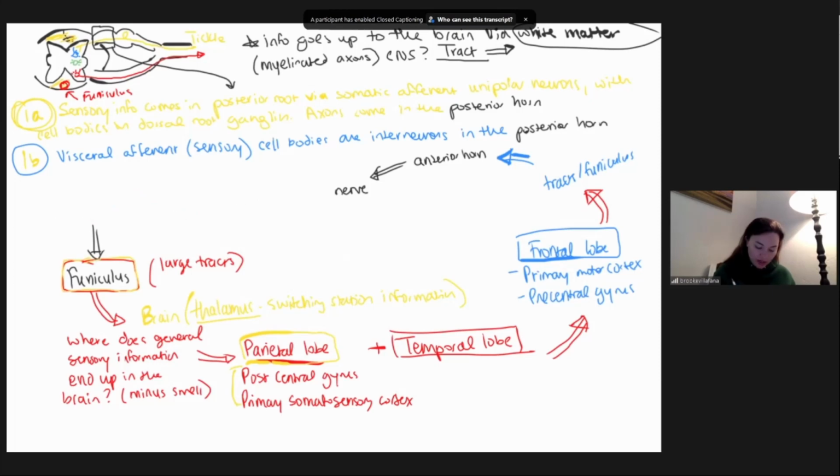All right, so step number 2. Well, step number 2 is really what we just did. It communicates it to the brain, but I'm not going to draw that. I'm just going to say step 2A is autonomic motor. So where is our autonomic motor? Our autonomic motor or efferent neurons are located in the lateral horn.